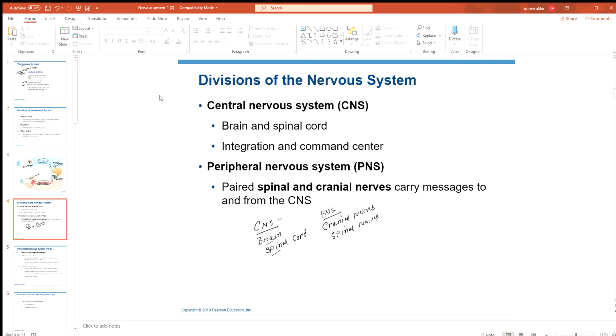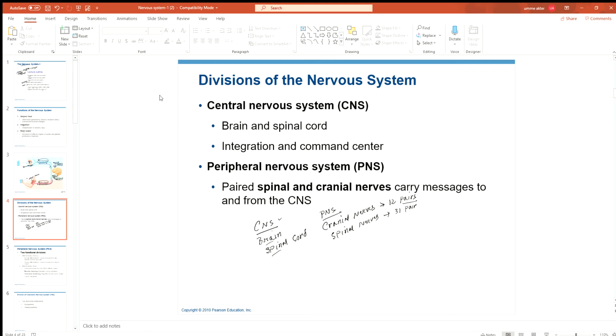Cranial nerves in the human nervous system, there are 12 pairs, and spinal nerves are 31 pairs. Cranial nerves are attached to the brain.